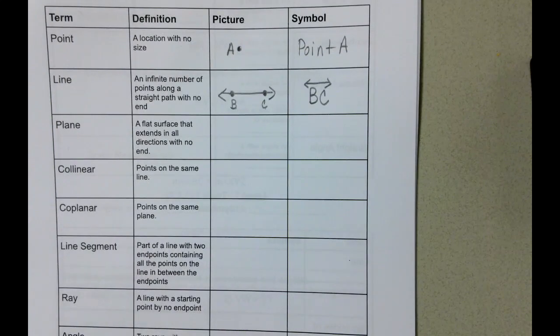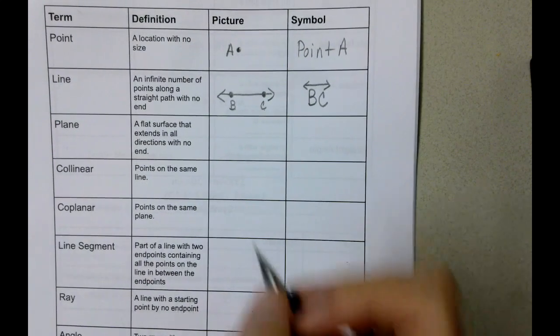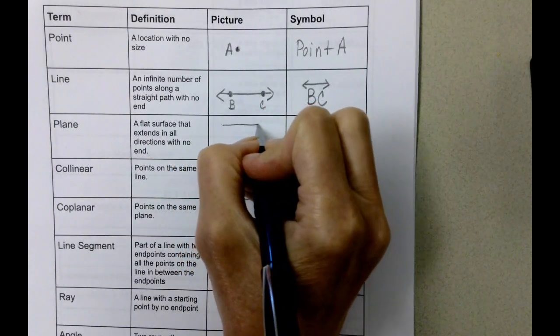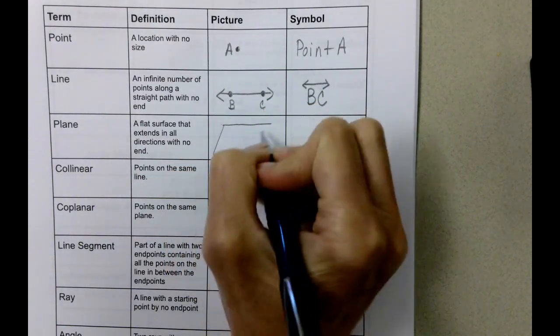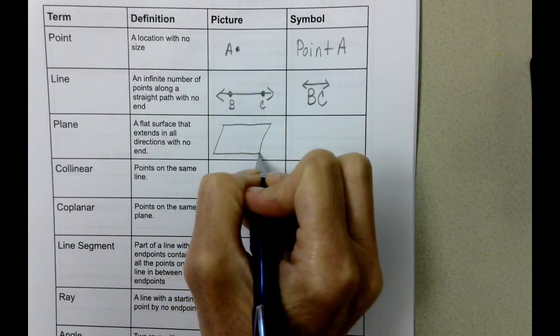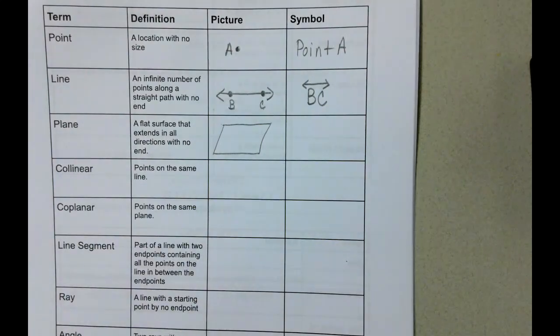A plane, which I thought I had a picture originally drawn in, it must not have copied. But a plane is a flat surface and it extends in all directions with no end. So the way I like to describe it is I like to take a piece of paper, it's a flat object, and just think about it extending.